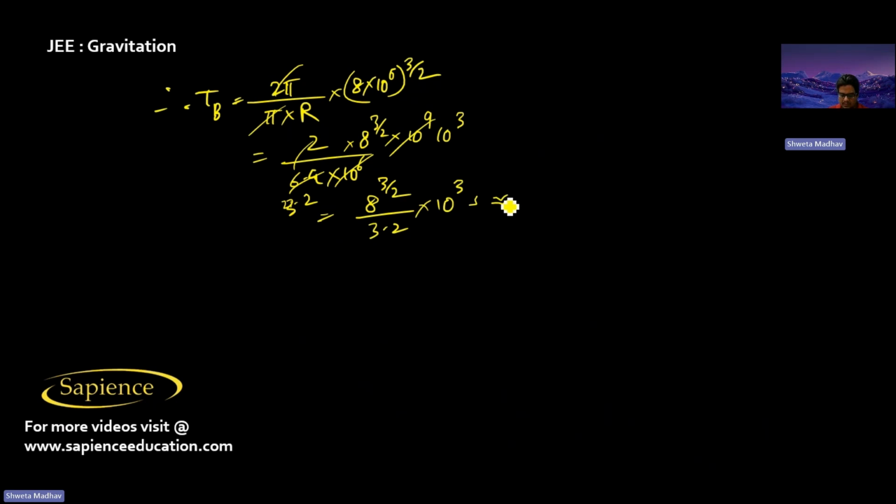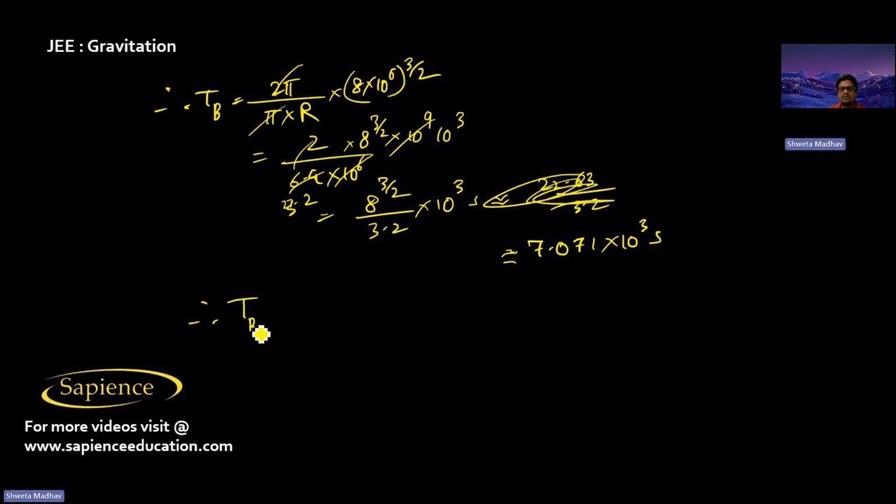So this is approximately 8 root 8, which is 22.63 divided by 3.2, which is approximately 7.071 into 10 power 3 seconds.